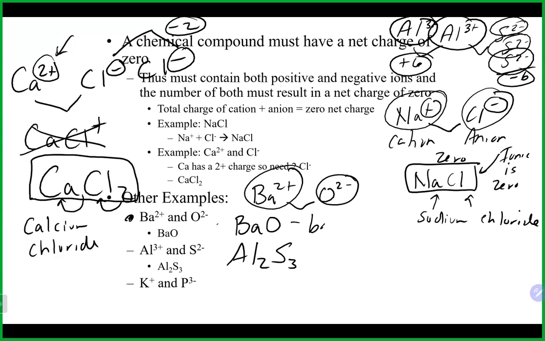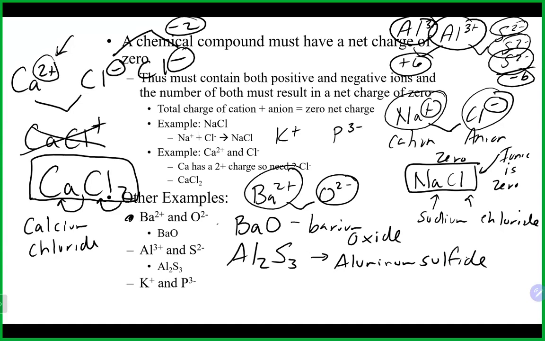This one here would be barium oxide, -ide. This one would be aluminum sulfide, -ide. Lastly here, if I look at my potassium, which is +1, and my phosphorus, which is -3, again, the common number between that is 3. So to get my potassium to 3, I need not 1, not 2, but 3 of them, and I just need one phosphorus.